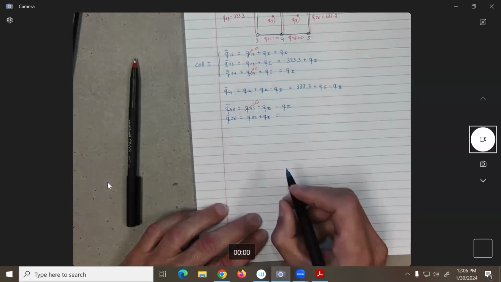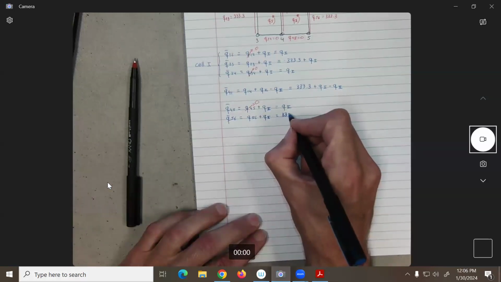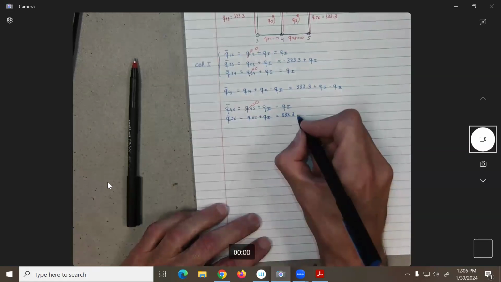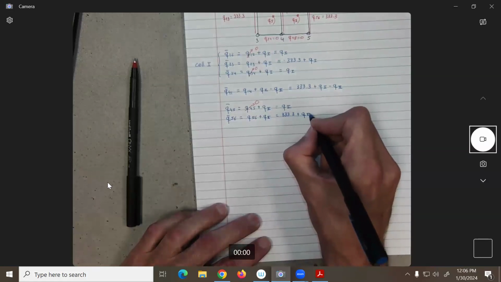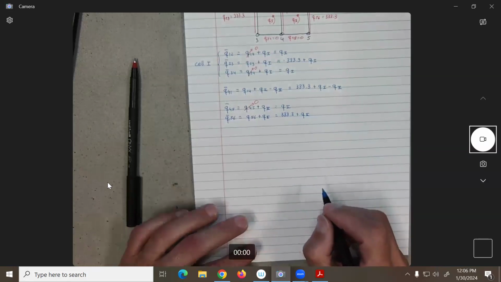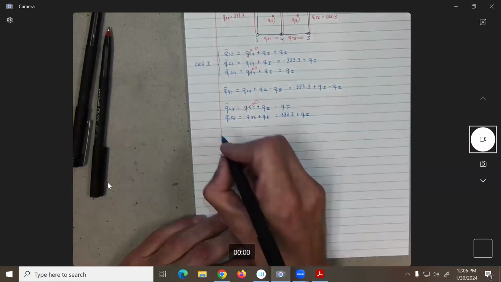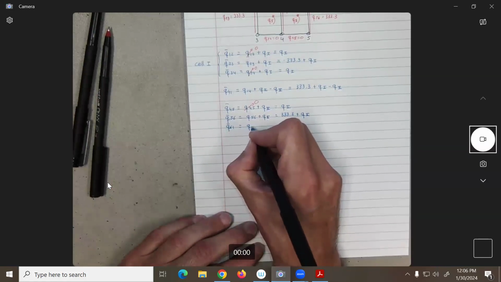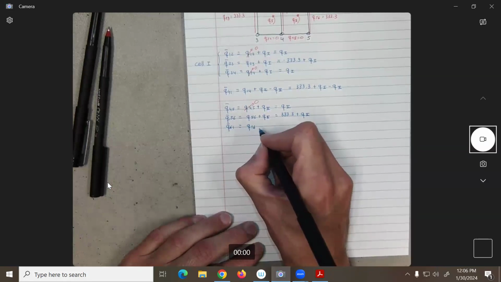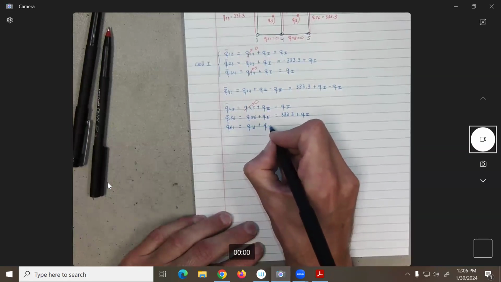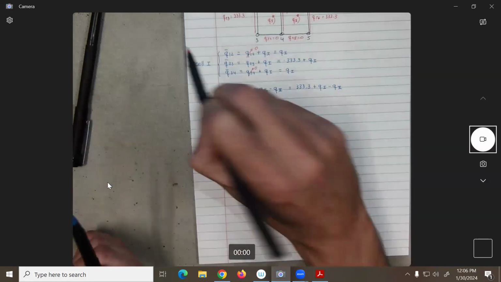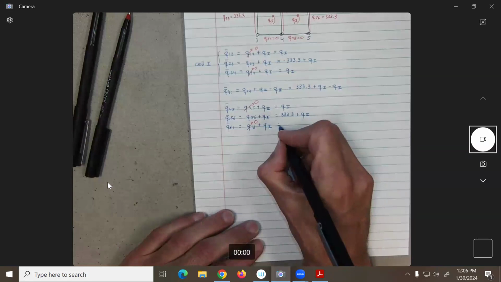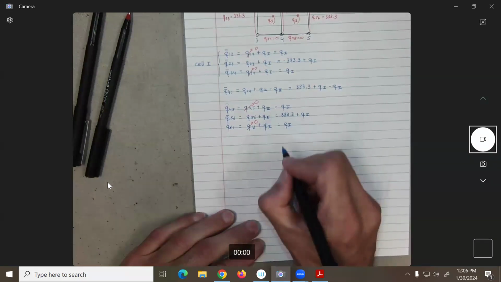What is Q56? 333.3 plus Q2. And finally, what would be Q bar 61 or Q16 would be Q16 plus Q2. What is Q16? 0. So the Q bar 16 should be equal to Q Roman 2.